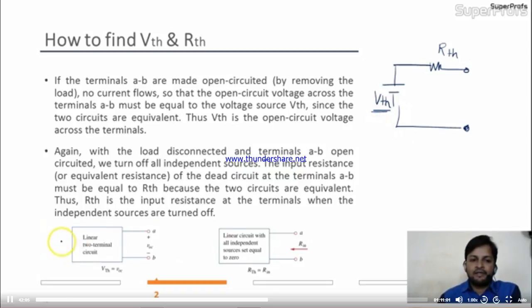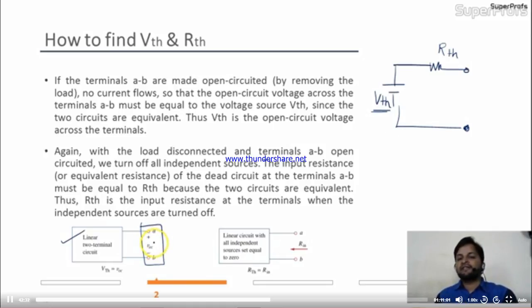See, if this is your linear two-terminal circuit, a complicated circuit, your task is to find out the V_Th, and according to the definition, V_Th is the open circuit voltage across points A and B, or across the terminal. See, this is the terminal, this is the reference point.